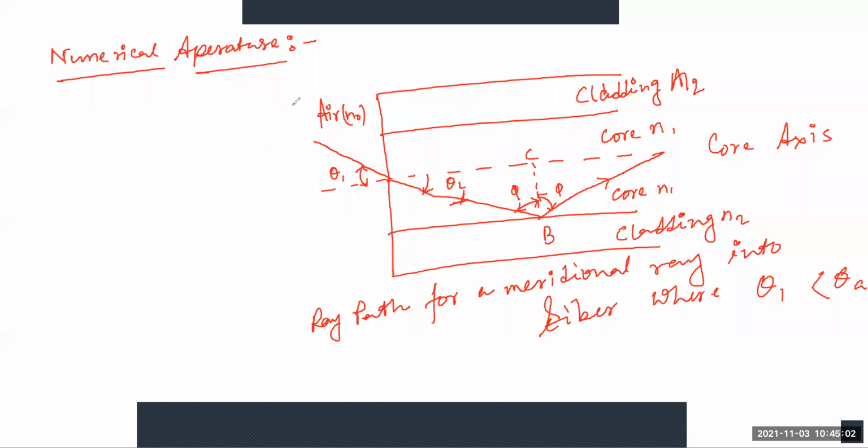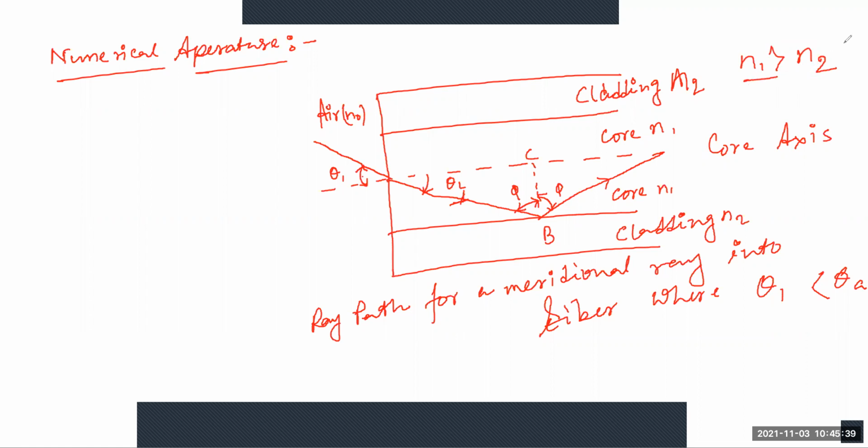Here the medium is air, with refractive index n naught. The fiber core has the refractive index n1, and the cladding has the refractive index n2, and the refractive index of the core is slightly greater than that of the cladding. So n1 is greater than n2.